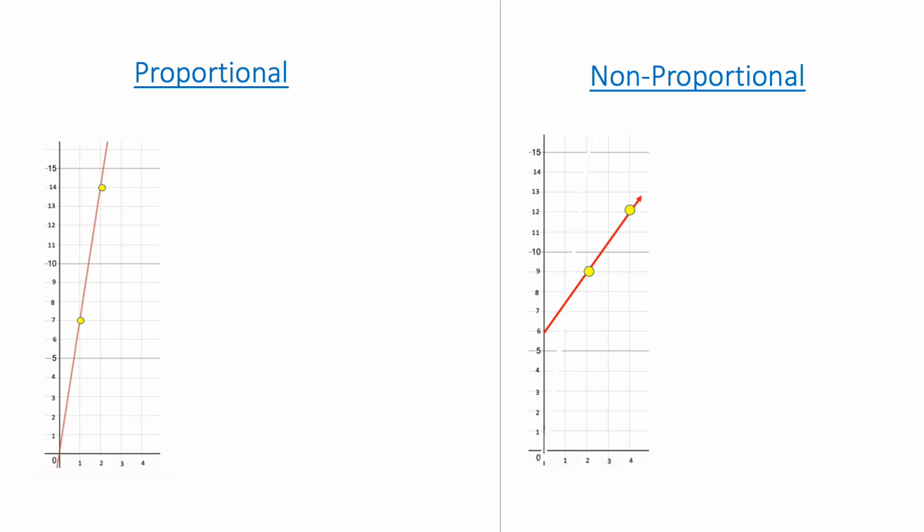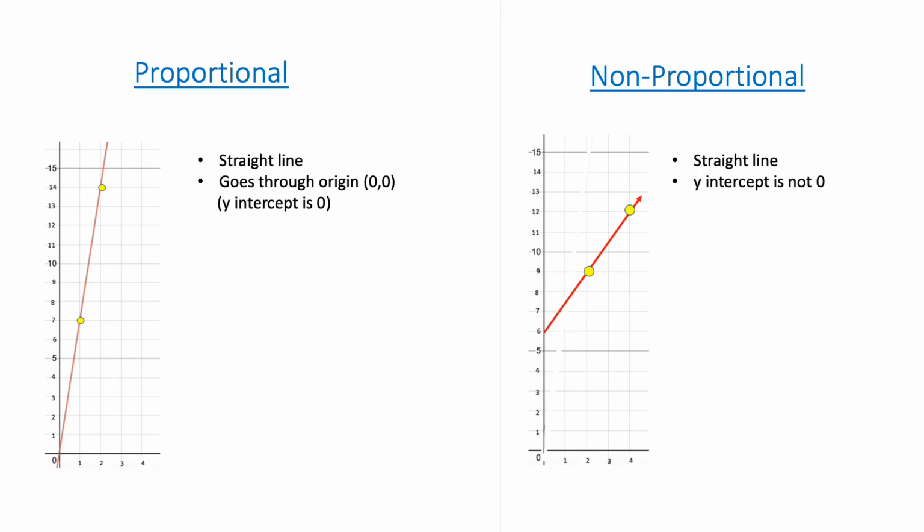In this slide, we're comparing proportional to non-proportional lines. Notice proportional lines have a straight line that goes through the origin and the y-intercept is 0. In this case, there is still a straight line, but the y-intercept is not 0. The y-intercept is 6. The equation for this line is y equals the constant of proportionality times x, which is like saying the slope times x. So y equals 7x.